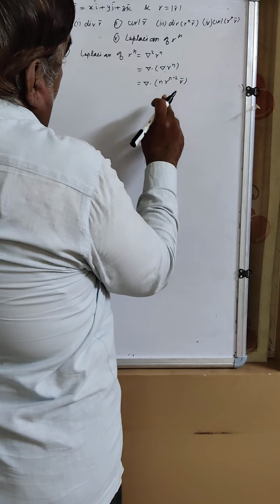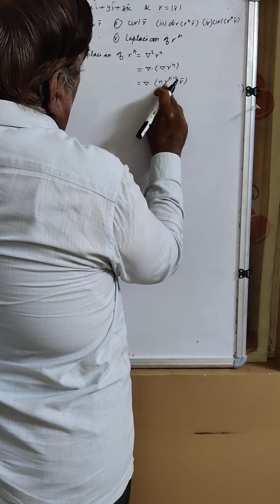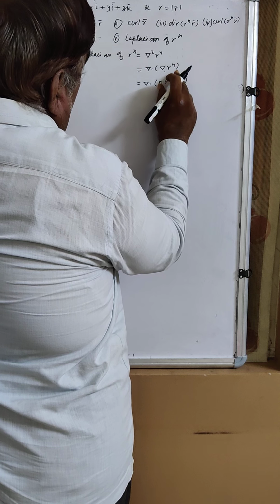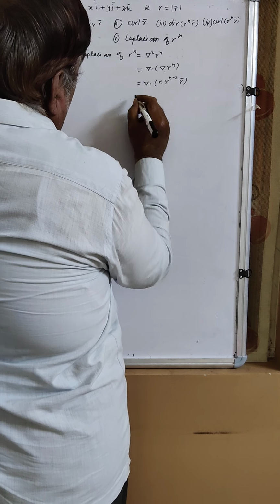Here, divergence of scalar quantity n into r raised to n minus 2. Suppose this is phi and this is u vector.